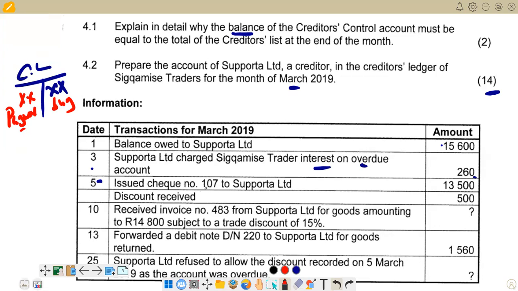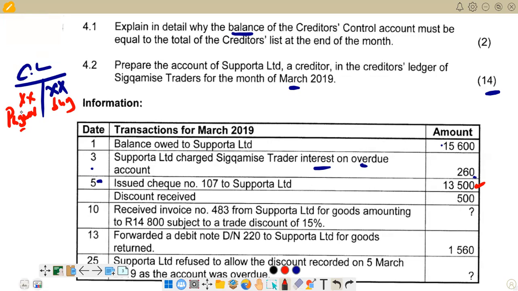In this case, we have issued check number 107 to Supporter Limited of 13,500. It means this is a payment, so we go to the opposite side, the debit side, and enter this 13,500. We also have a discount received, which also comes to the debit side.